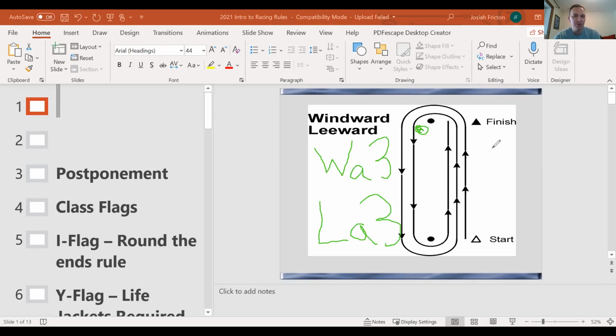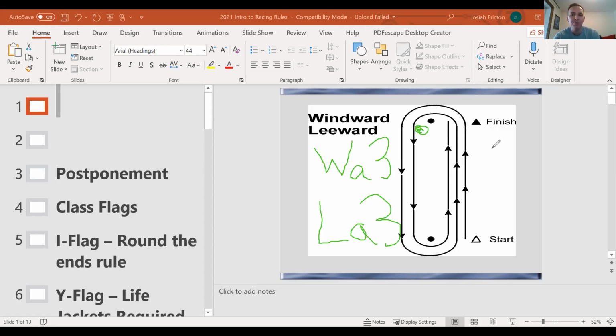And in previous years, we'd have laps around. A WA3 is a 2.5, so 2 laps. The other type is an LA3.